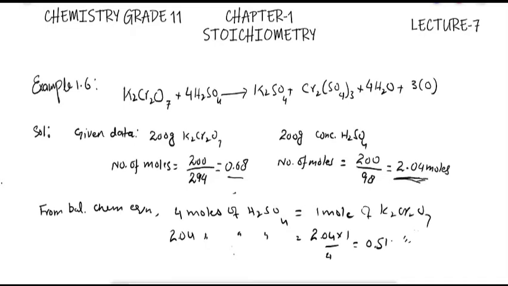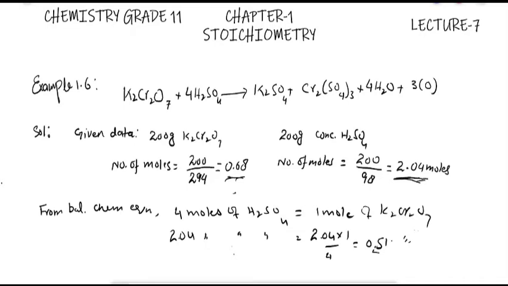But what we are given are 0.68 moles of potassium dichromate that we have calculated from 200 grams of potassium dichromate. So what is the requirement? 0.51 moles of potassium dichromate, but what we have are 0.68 moles. So the requirement is less than what we have, or in other words, what we have is more than our requirement.